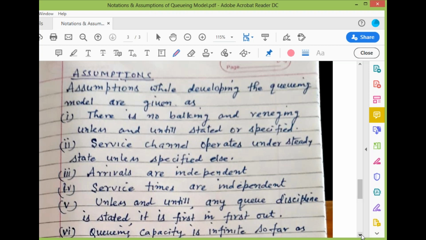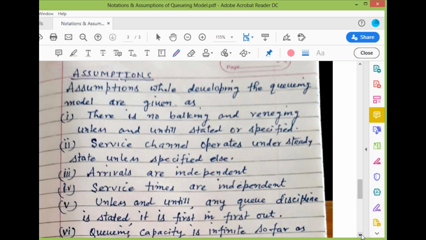the service channel or the service station is going to operate under the steady state. So always keep in mind that we are going to study or develop this model under the steady state.